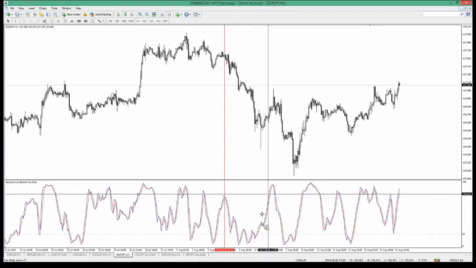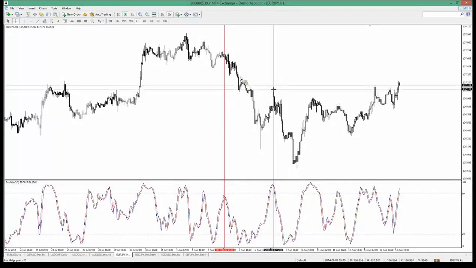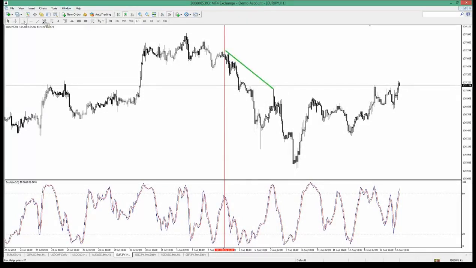You'll see how the indicator makes a higher high, but price is making a lower high. So from here to here, and from here to here, we have the indicator making a higher high.